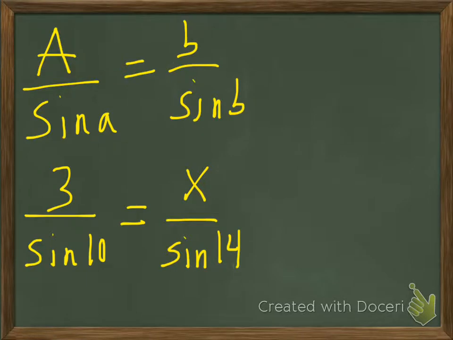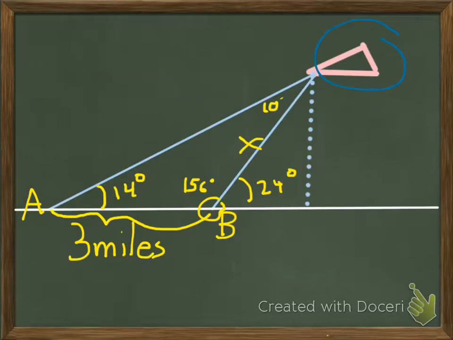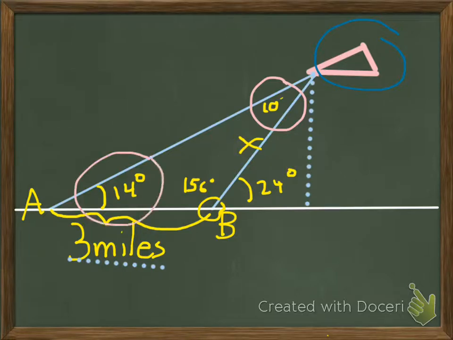If we go back, we see that this is 3 miles, which corresponds with 10, and then 14 corresponds to x.